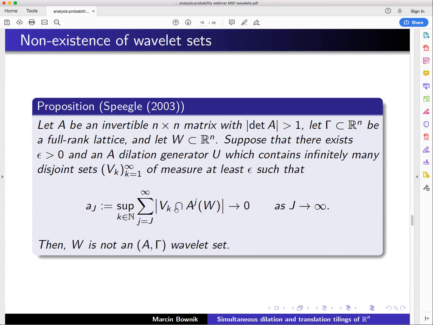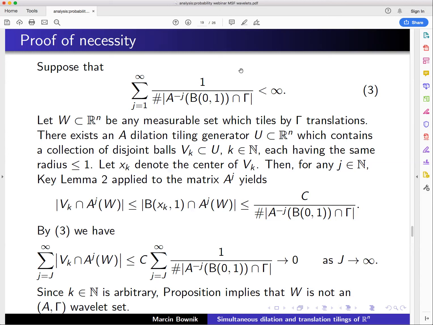Okay, so now how do we show necessity? I'll try to explain it to you, because it's actually not too difficult. Once you have those pieces, suppose that that series converges. Convergence of the series, if this is the characterization, would have to imply that there is no wavelet set. So let's take a set W, a measurable set that tiles by translations. We want to show that it will not tile by dilations. Now you can find a dilation tiling generator that contains a collection of disjoint balls, let's say V_k, each having the same radius, let's say equal to 1 for simplicity.